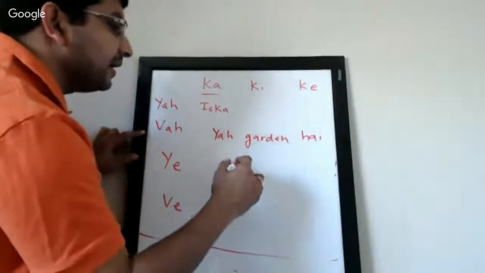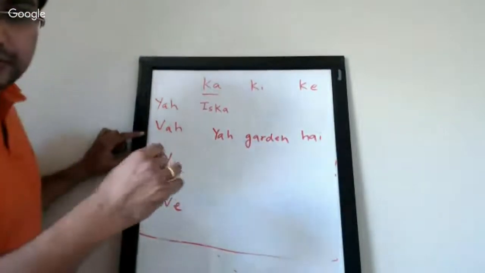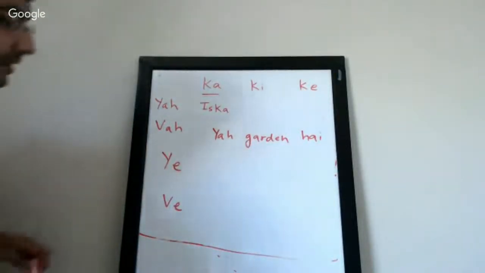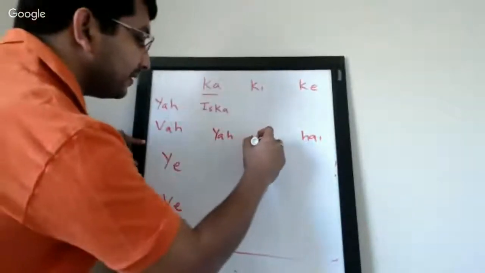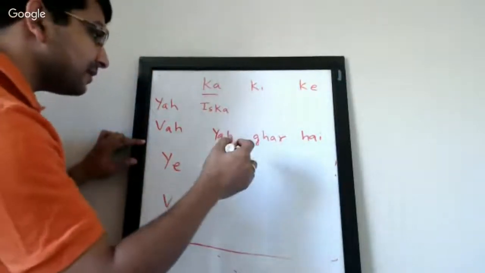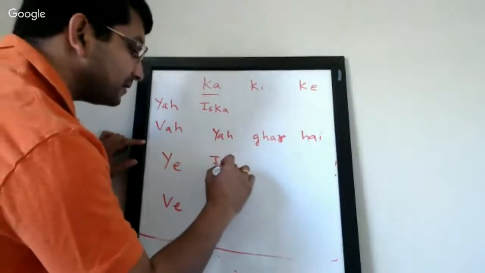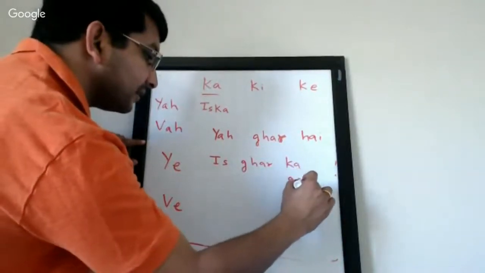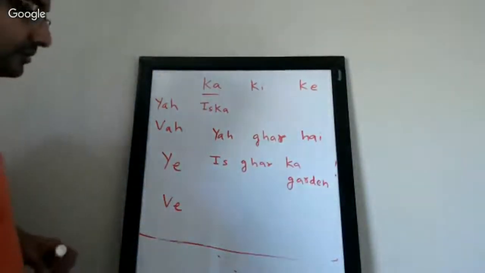This is the garden, right? Now what Janet is saying, like, यह घर है, this is a house. Now you want to say, the garden of this house, right? So that would be इस घर का garden, or इस घर का बगीचा, right?